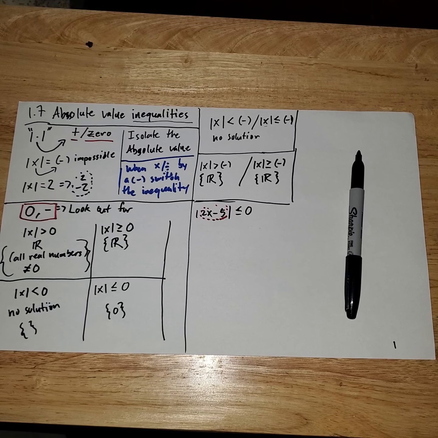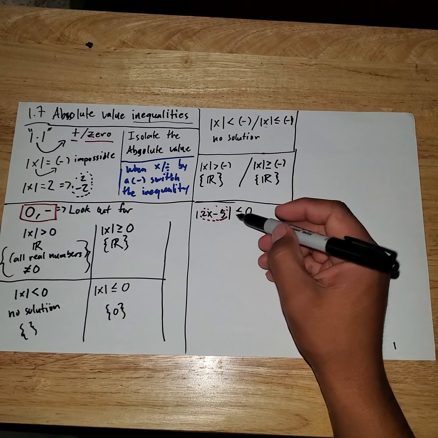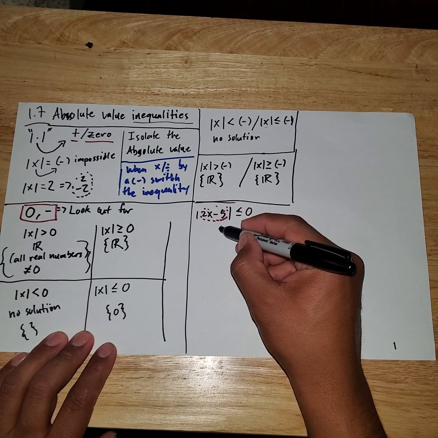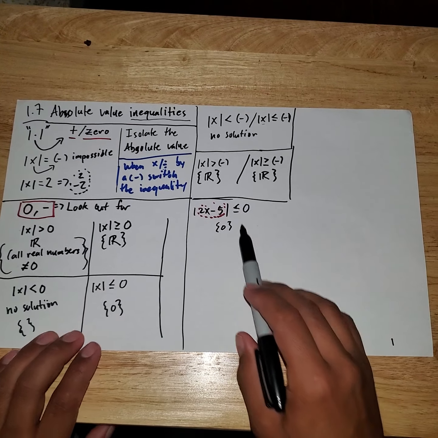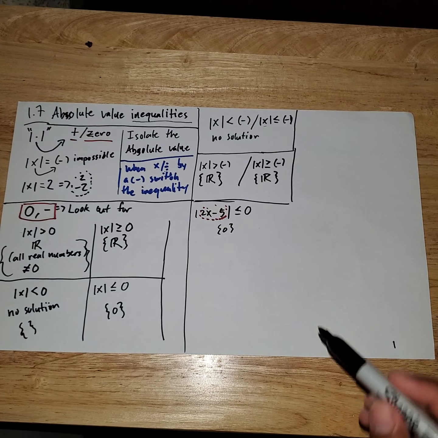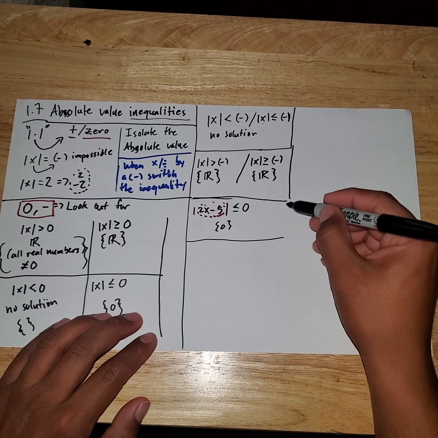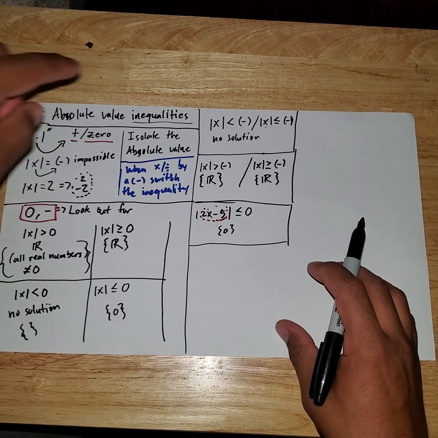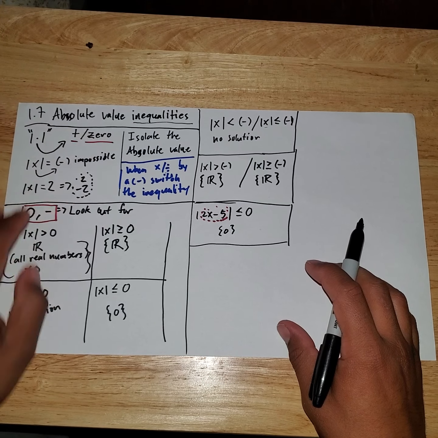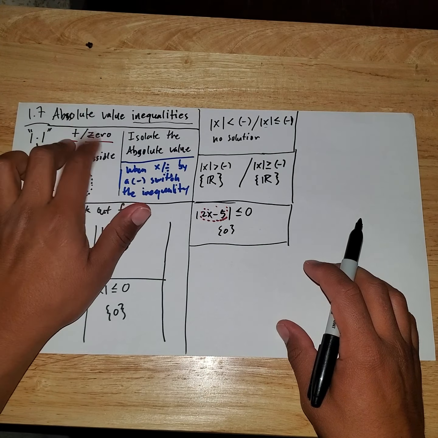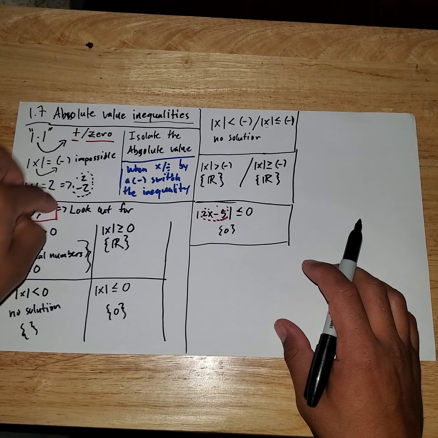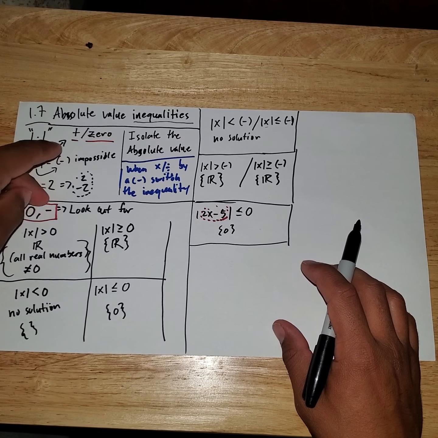So if you already know that, then you can assume the only solution this is going to have is 0. Because no positive number is less than 0, but 0 is equal to 0. So just keep that in mind. Whenever you're isolating, that's what you want to watch out for: 0 and negative, and think about the relation between negative and positive numbers, negative with 0, 0 with positive numbers, and 0 with itself.